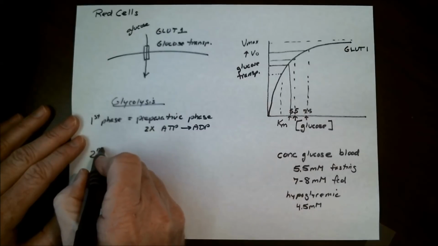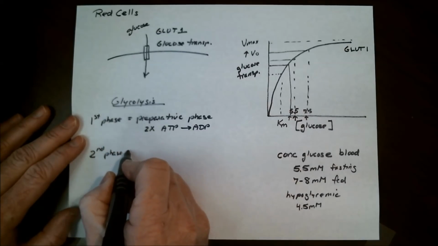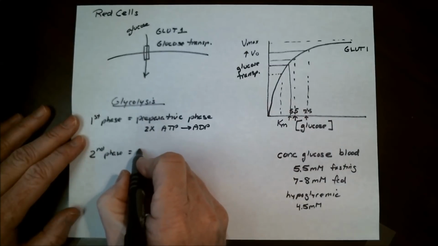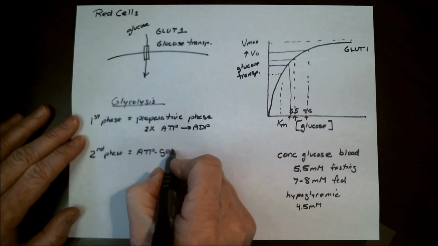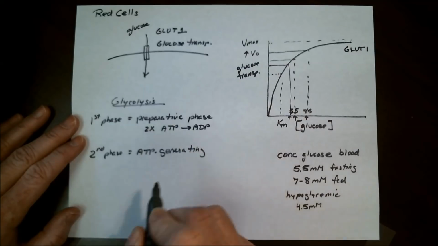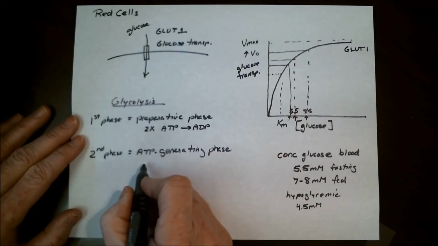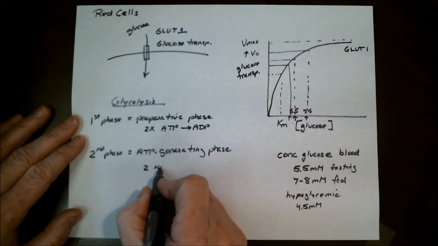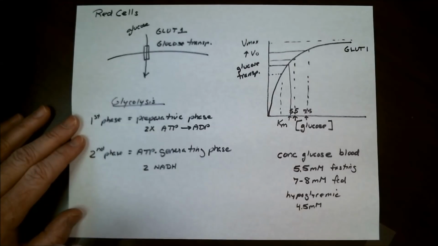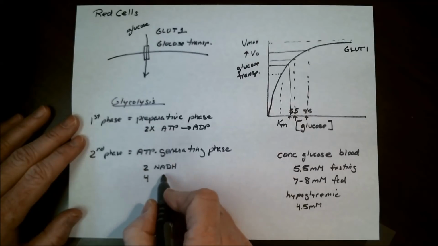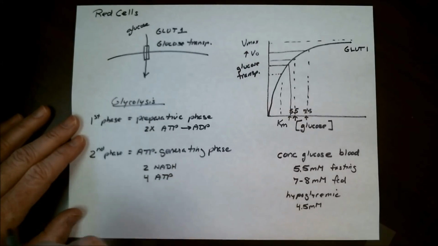The second phase of glycolysis is called the ATP generating phase. And this is the phase where we are going to harness the energy. We are going to extract the energy. And in this phase here, the end result is that we are going to generate 2 NADH, which are electron carriers, part of our energy currency, and we are going to generate 4 ATP molecules.